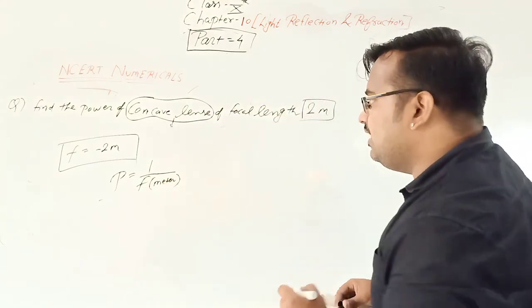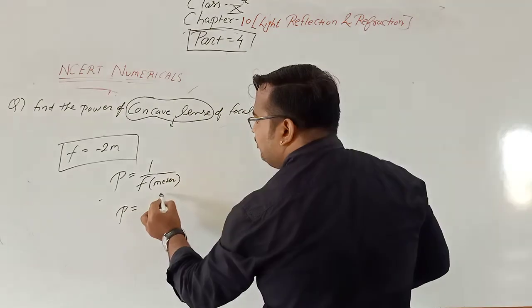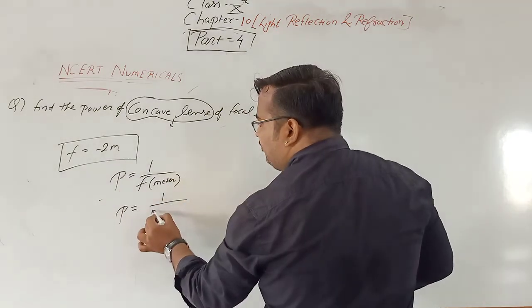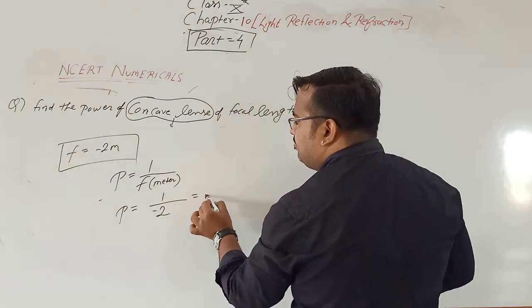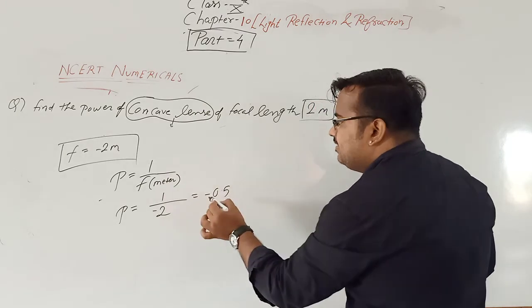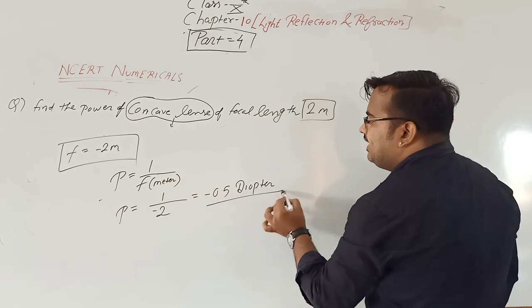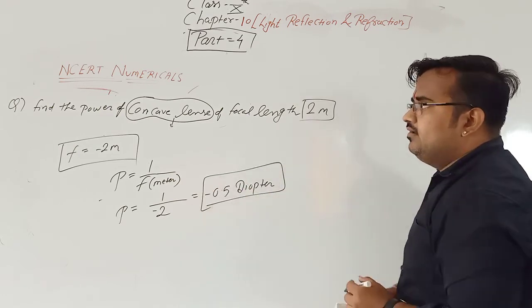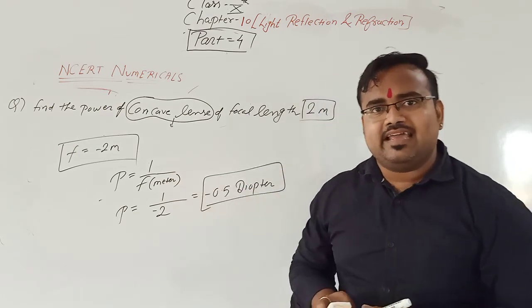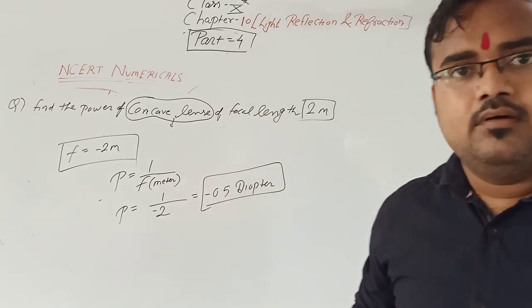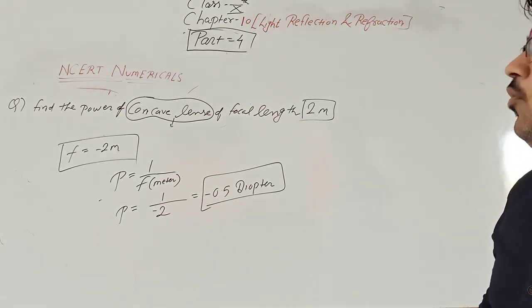So P is equal to 1 upon f, that is 1 upon minus 2, which is minus 0.5, and the unit of power is diopter. Clear? Very simple question, it can be asked for 2 marks. I hope you have understood. Copy it.